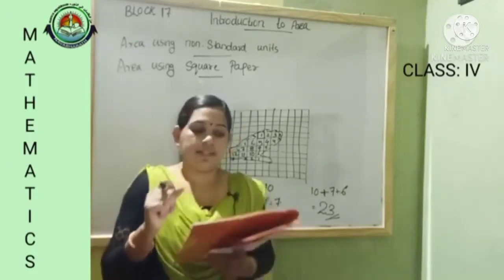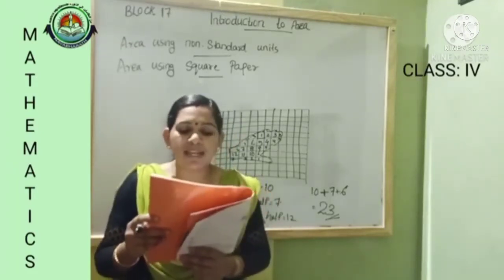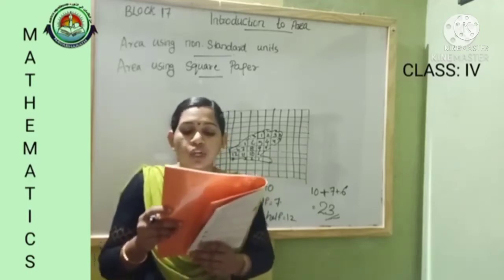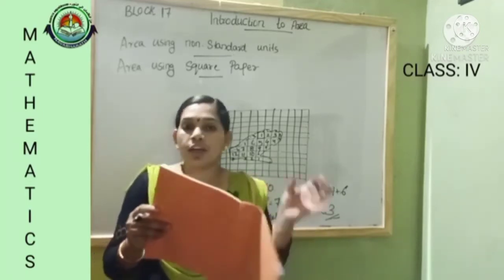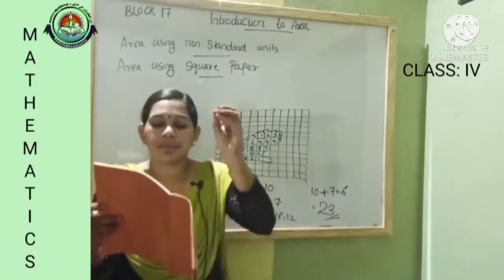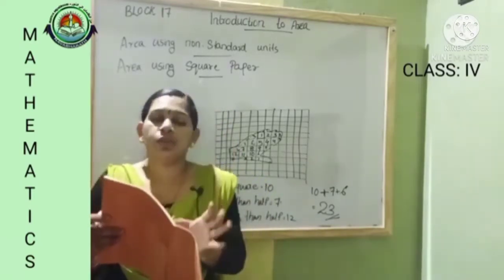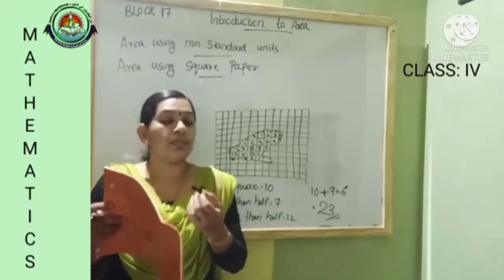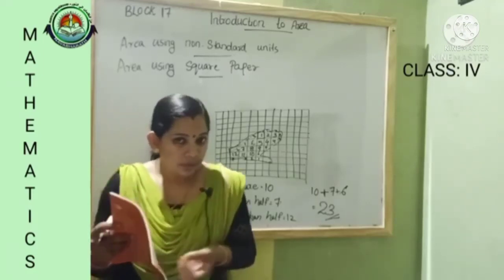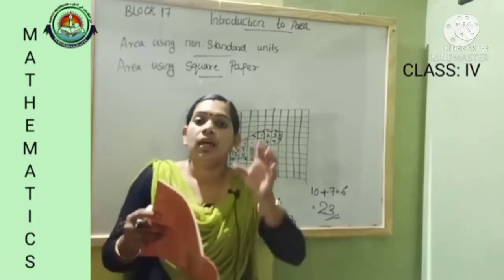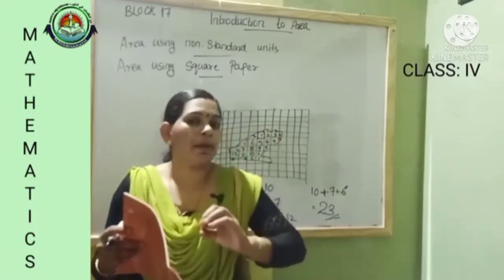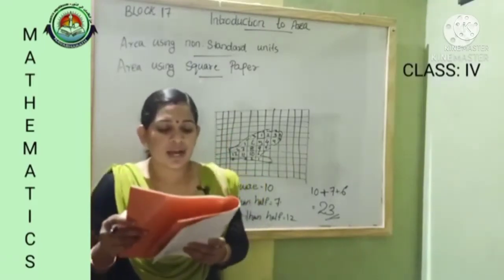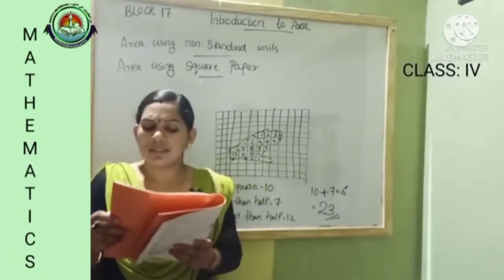That is also one activity. Then estimate the area and the perimeter of your maths notebook using cotton balls. Take your maths notebook and paste some paper balls. Those who didn't get the cotton balls, you use paper balls. Then the area and the perimeter, are they the same?